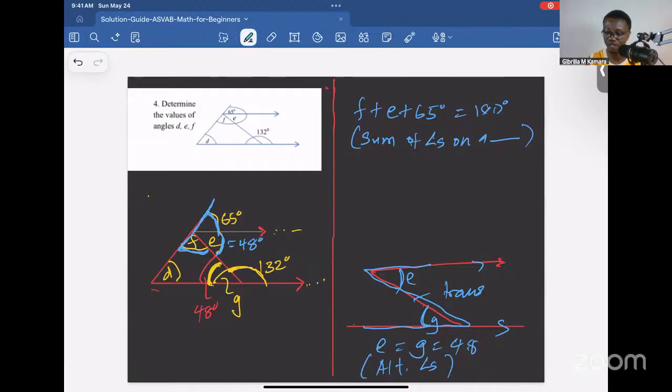Okay. So we don't know what F is. So F plus E is now 48 plus 65 equals 180 degrees.